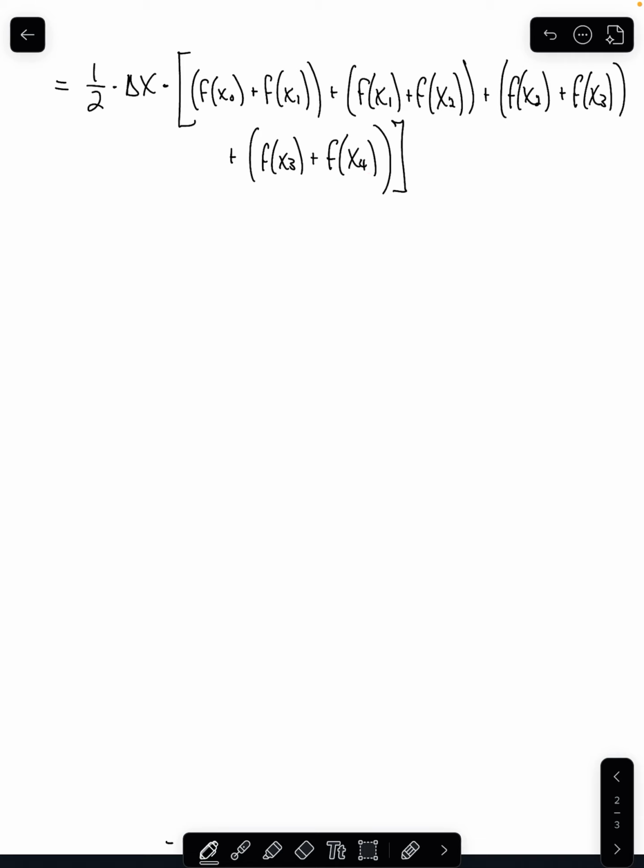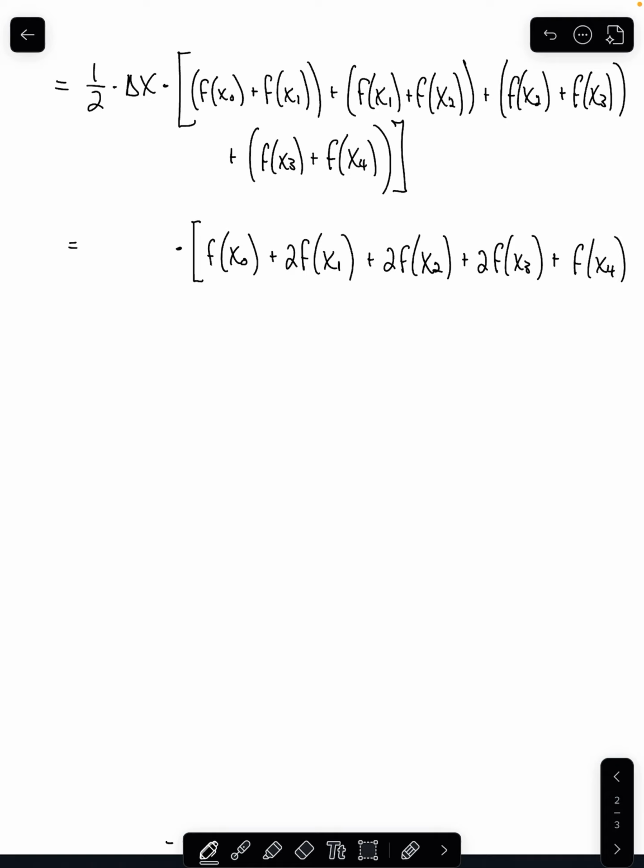So this can be simplified. I'll come back to the 1/2 and the delta x in a moment. This can be simplified as f of x sub 0 plus 2 times f of x sub 1 plus 2 times f of x sub 2 plus 2 times f of x sub 3 plus f of x sub 4.